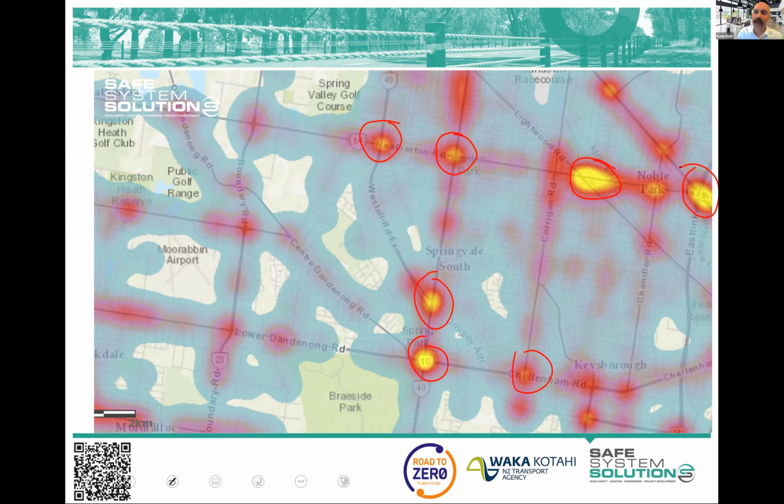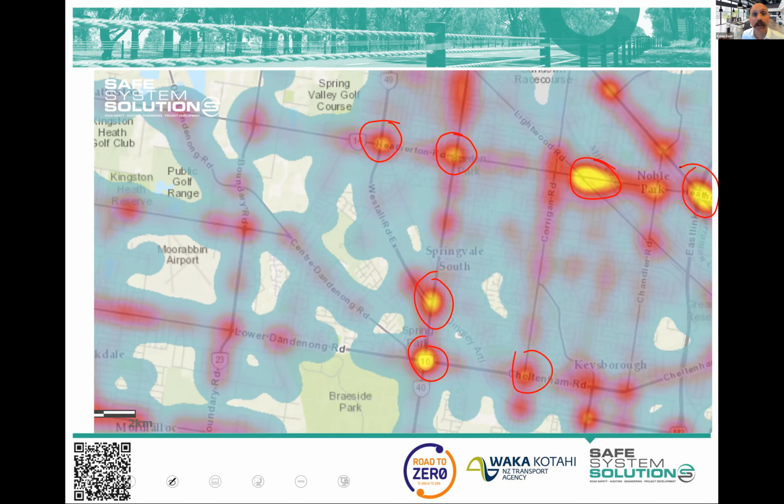And in fact, if you took New Zealand, and I haven't done this, but it'd be interesting if somebody did, and looked at your top 100 intersections for death and serious injury, the bulk of them will be large signalized intersections. And the reason that is the case is because we do have a lot of traffic volume going through here.